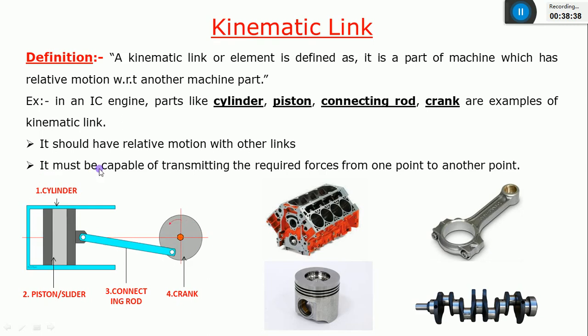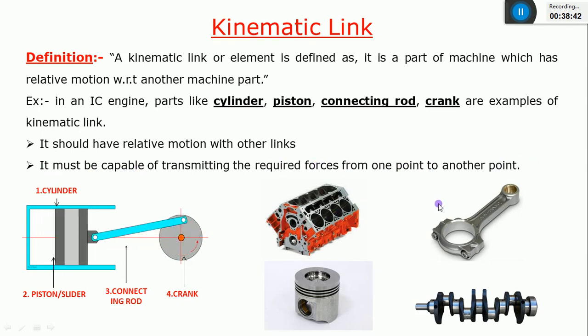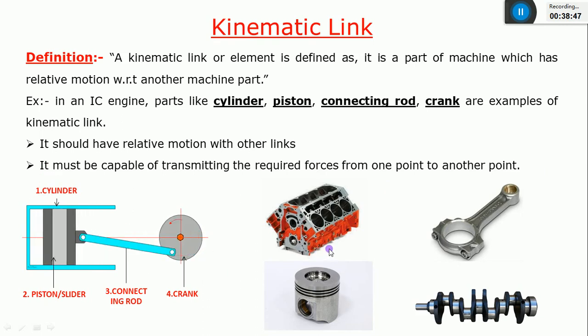For the second condition, you can call it a resistant body. It means all these four parts should be resistant bodies. Resistant means it should be capable of transmitting the required forces from one point to another point. Also, they should be rigid. Rigid means there should not be any deformation.